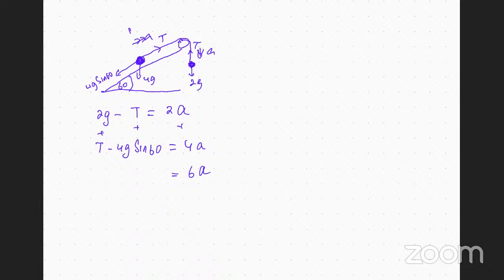And then you will get 2g minus 4g sine 60. Anyway, just remember what the whole thing is: a equals 2g minus 4g sine 60 all over 6.